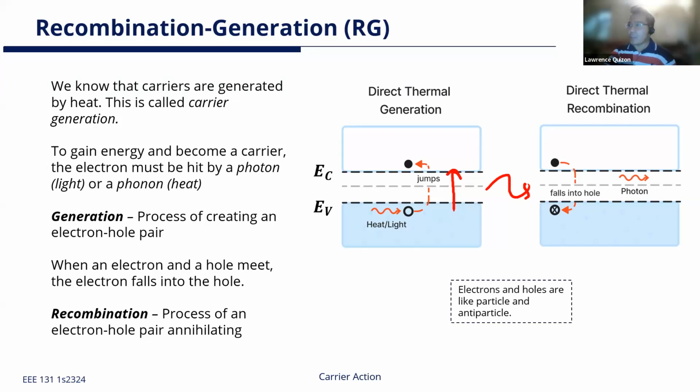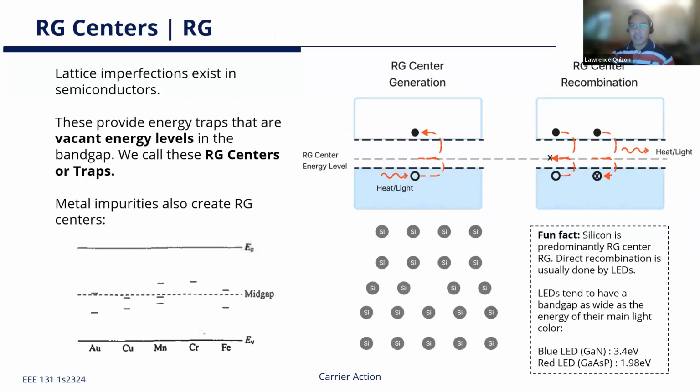What happens in silicon most often is RG centers, no? Because of very small imperfections in the silicon lattice, no? We call those imperfections RG centers because they introduce weird middle-of-the-band-gap energy states, much less dense than the states that you find in the valence band and the conduction band, but they're still there, no?